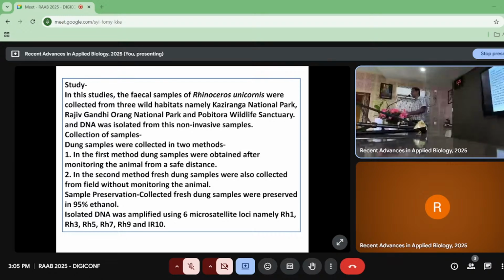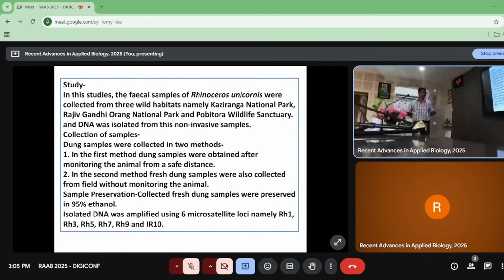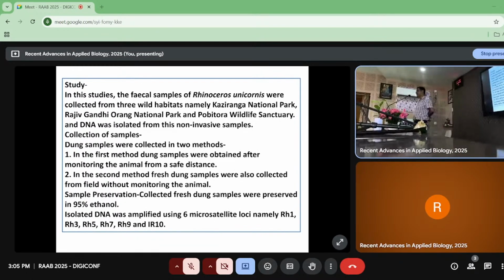How were the dung samples collected? In the first method, they were collected by directly monitoring the animals. In the second way, fresh dung samples were also collected from the field. All these dung samples were preserved in 95% alcohol, and then DNA was extracted from them. The isolated DNA was amplified using 6 microsatellite loci: RH1, RH3, RH5, RH7, RH9, and IR10.